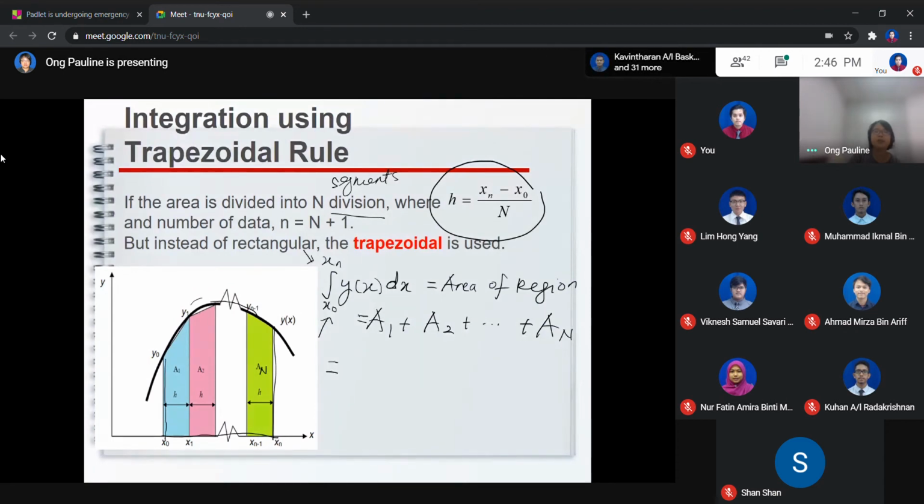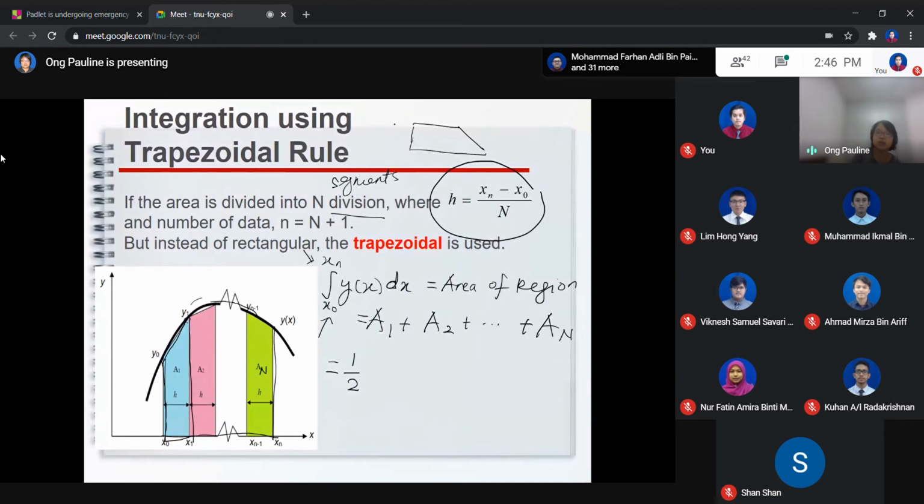You can observe here, this is actually a trapezium. Recall the equation for the trapezium.